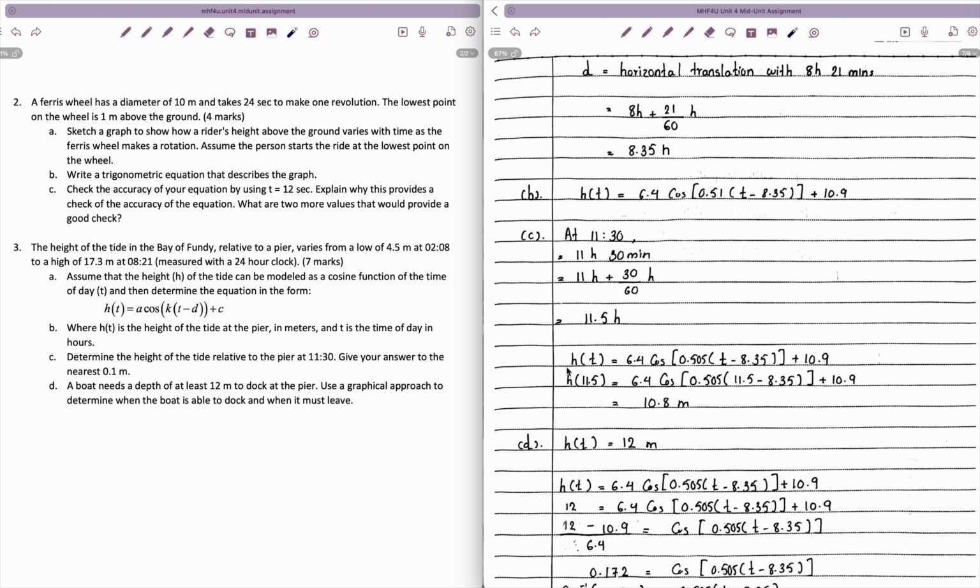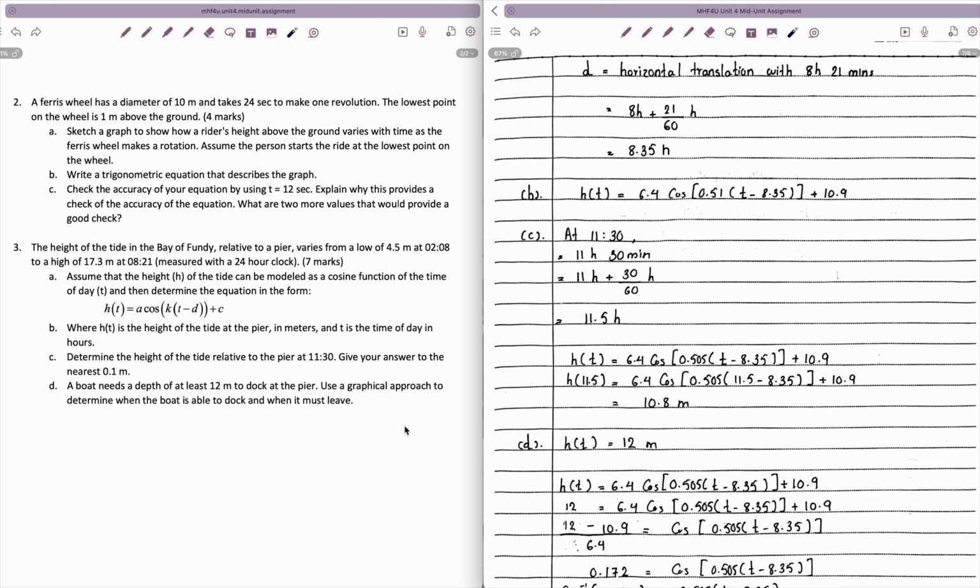Using the equation h of t equals 6.4 cos 0.505 into t minus 8.35 plus 10.9, with t as 11.5, I get the height is 10.8 meter.